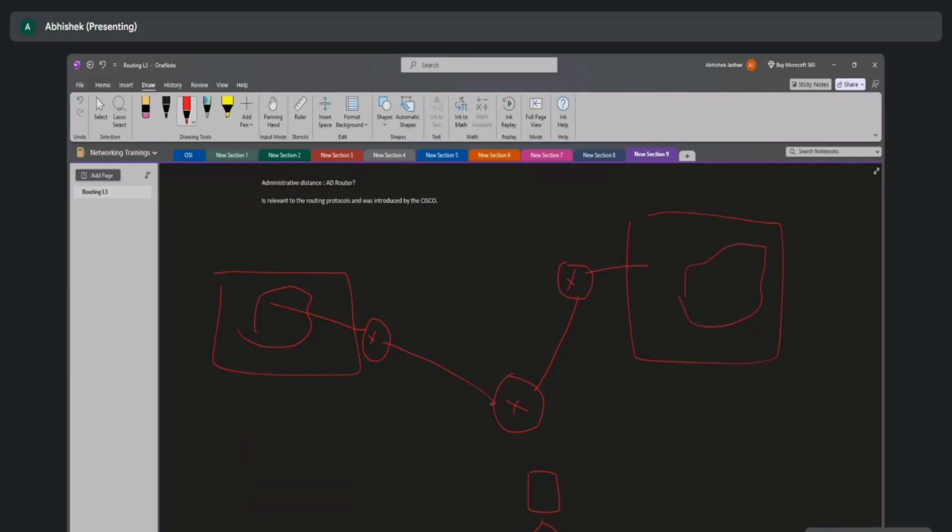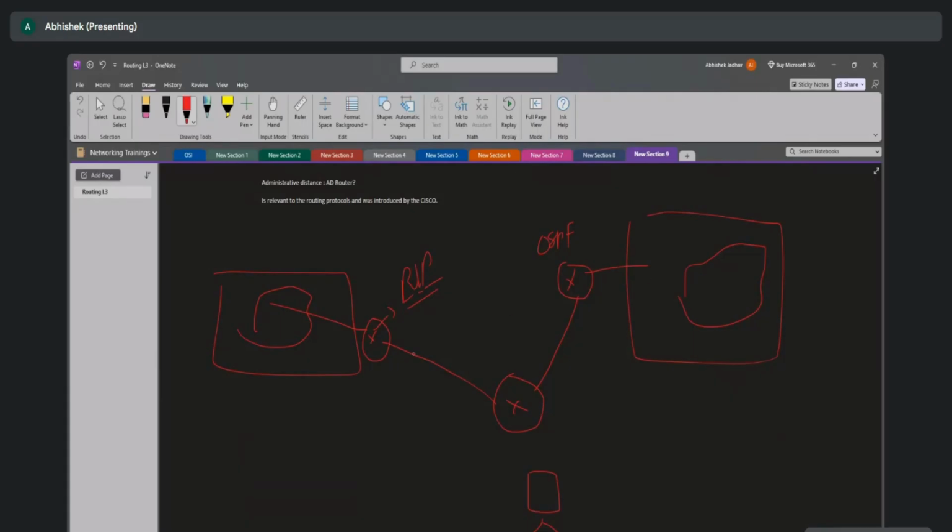Now, this router is using RIP, right? Don't be worried about this, we'll come back to this. So RIP is a routing protocol, right? And this router is using OSPF, open shortest path first. And this is routing information protocol.